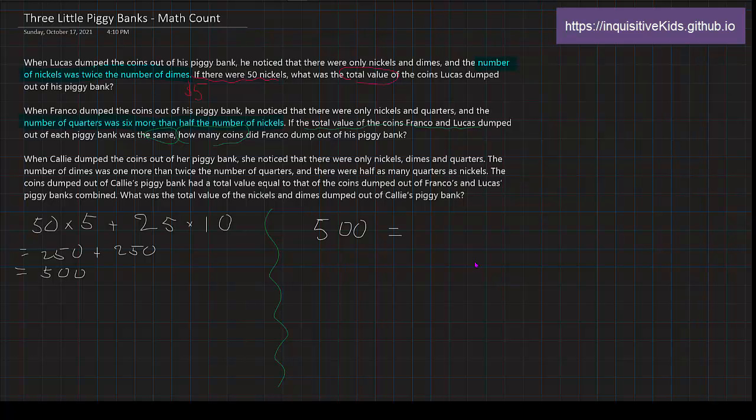Well, I'm going to let n equal the number of nickels, and I'm going to let q represent the number of quarters.